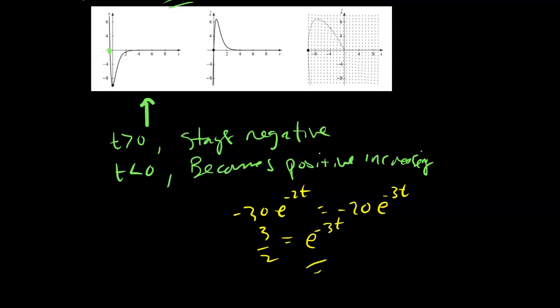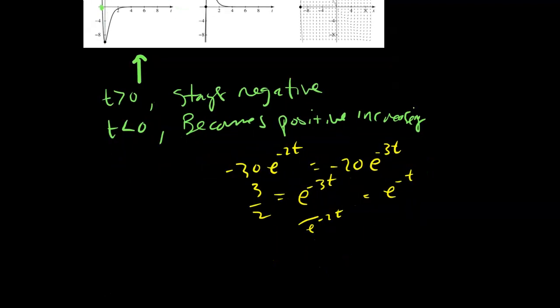Let me just write it out so I don't make a silly mistake here. So you can solve that and say, at the time where it's the negative natural log of 3 halves, at that time, these powers would be equally matched.